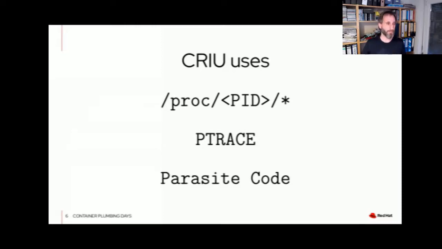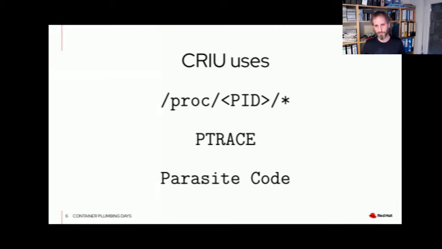Then CRIU also uses ptrace to stop the container, but it also uses ptrace for the last part, which is called the parasite code. Using ptrace, CRIU injects the parasite code into the process to be checkpointed, and the parasite code then runs in the to-be-checkpointed process.